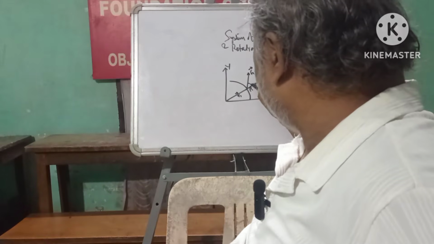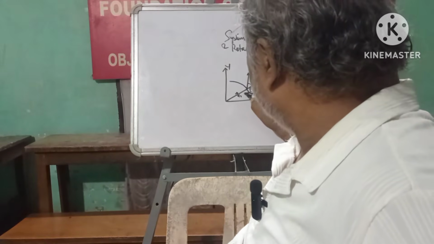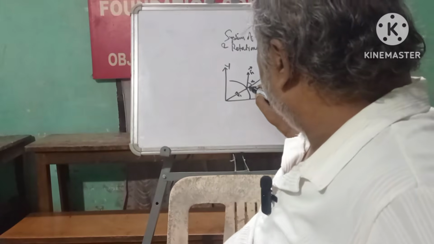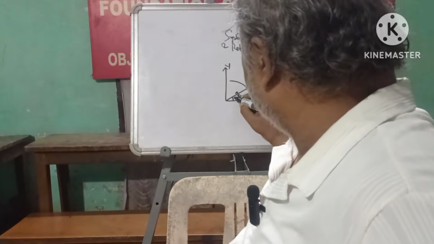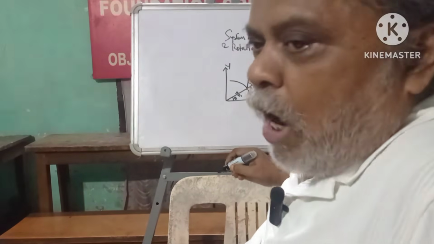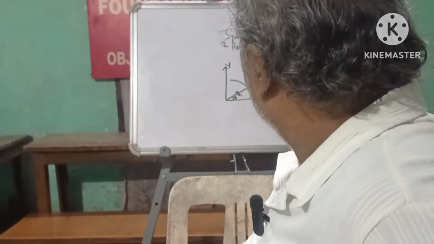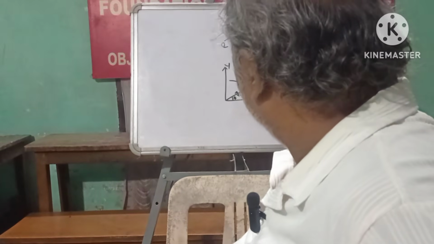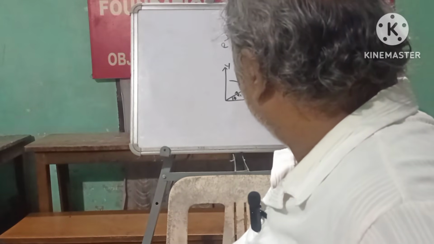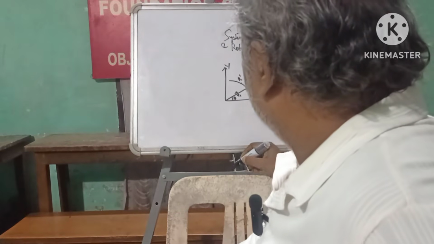It is making an angle alpha 1, and after time delta t it is making an angle theta. So after time delta t, P1 has moved to the P1 dash point.